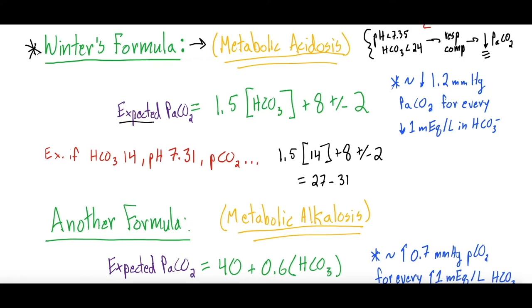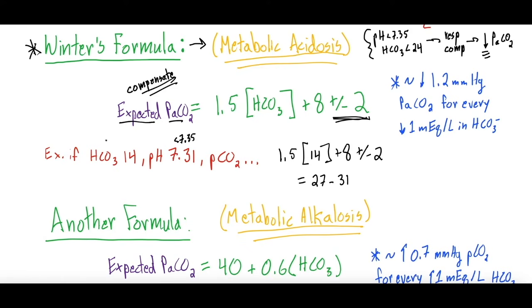So the expected PaCO2, meaning if there were appropriate compensation from the lungs for the metabolic acidosis, this equation would derive what the CO2 should be. And that is 1.5 times the bicarbonate level plus 8, plus or minus 2, which is just a degree of error. Here's an example. Your bicarbonate level is 14, your pH is 7.31, so this is less than 7.35, so it's acidemic.